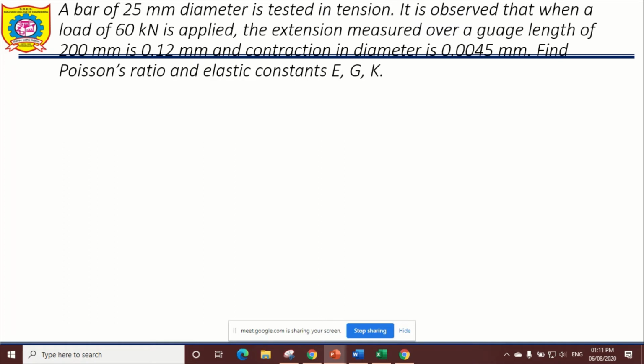Find the Poisson's ratio and elastic constants. For this problem, we can only find out the Poisson's ratio right now. We can also find out the elastic constants like E, G and K. So write down this question, and we'll try to solve this problem.